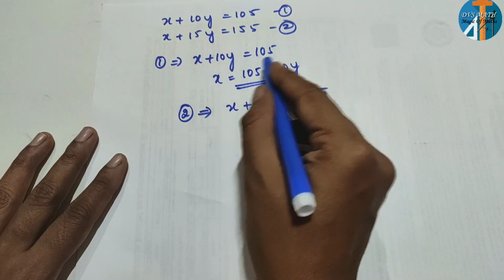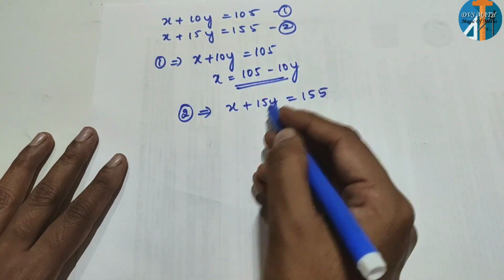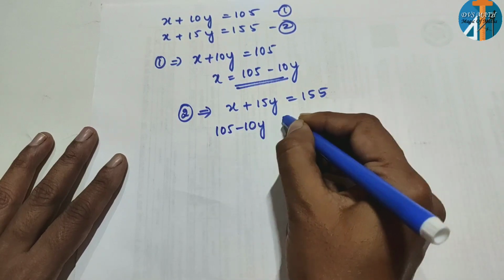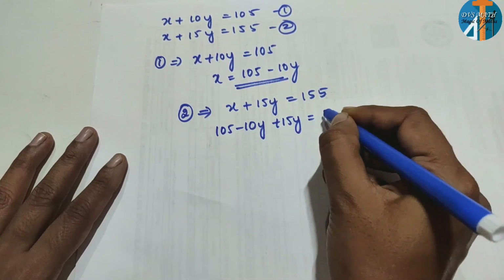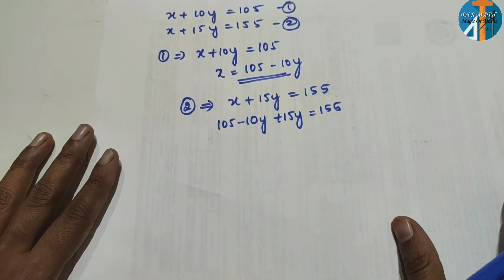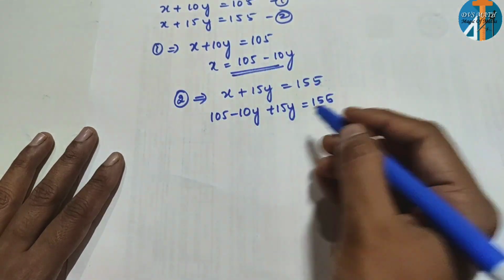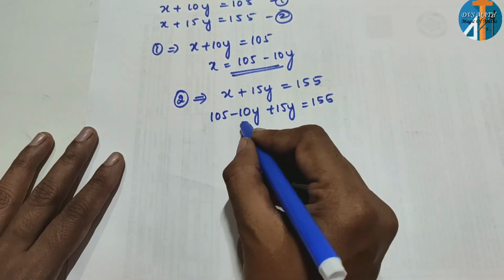Okay, now in the place of X we can substitute this, right? In place of X, 105 minus 10Y plus 15Y is equal to 155. Okay, now let us take 105 to the RHS. So minus 10Y and plus 15Y.